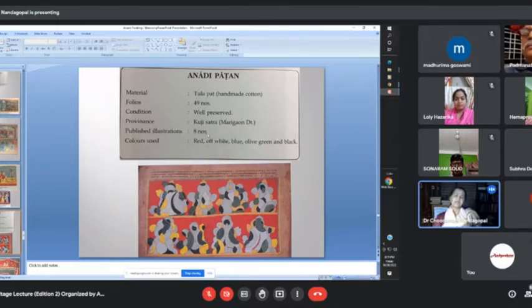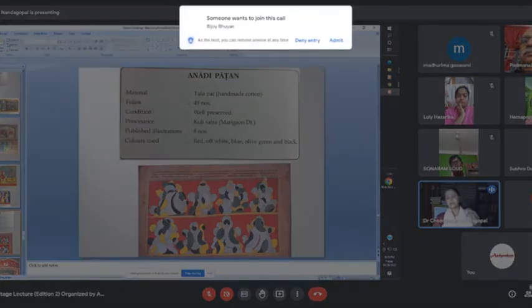And we have illustrated 18 folios, and these are the colors. You see, so beautifully. And the movement of the lines and colors is very interesting. Main importance is given to painting, and very, very thin lines they have used for the marking purpose.